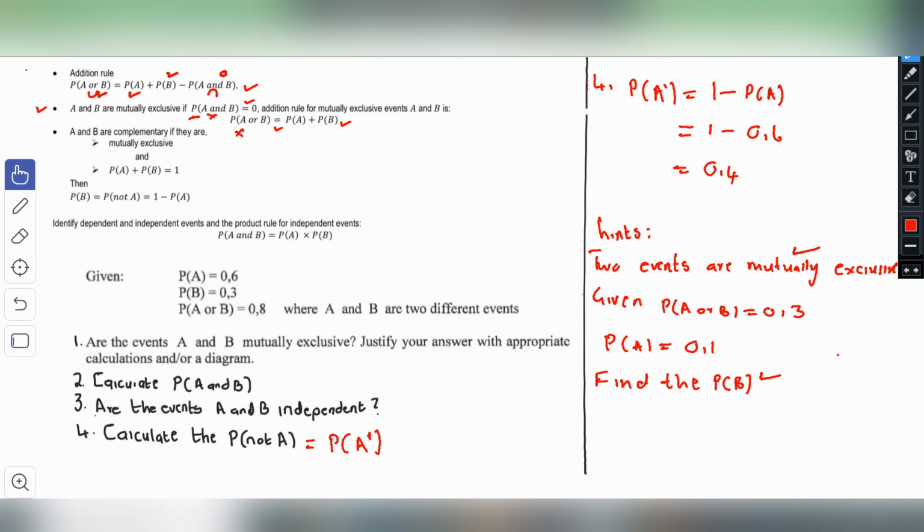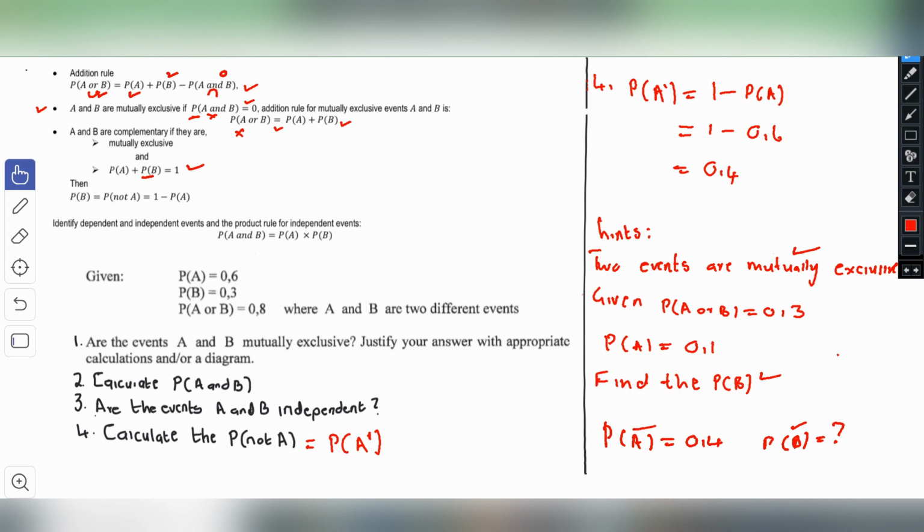And whenever they say the two events are complementary, let's say you are given the probability of A, which is equal to 0.4, and you are asked to calculate the probability of B, and you are told that A and B are complementary. So from the formula of complementary, we already have 0.4, and then we're going to calculate the probability of B, right?